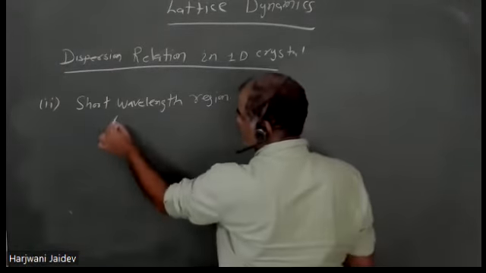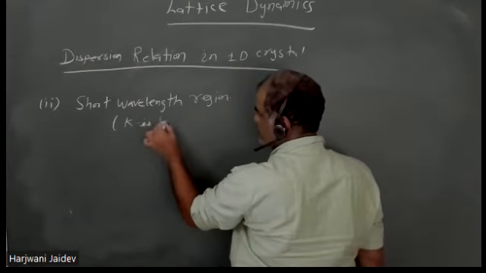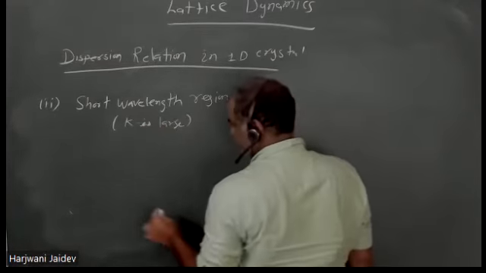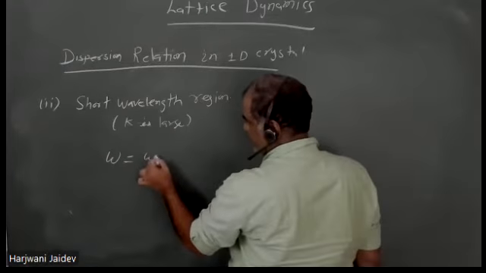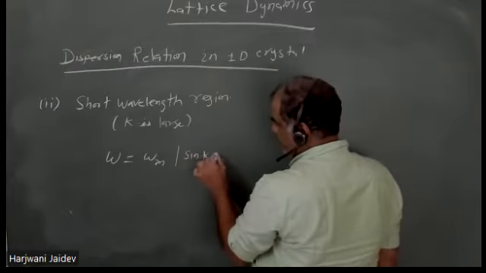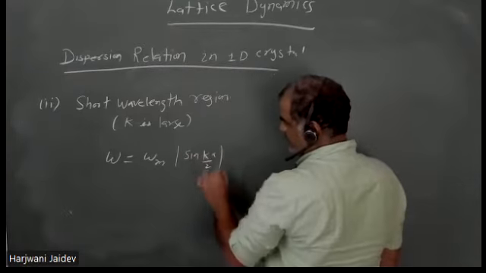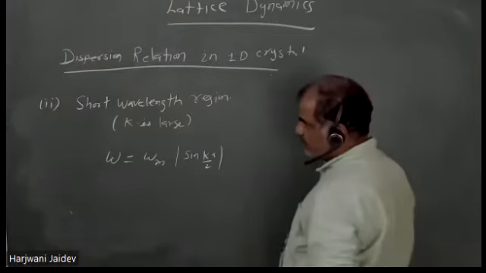Now your k is large. K is large. So what is our relation? Omega is omega m sine of k a by 2. So now I want to do it for shorter wavelength.